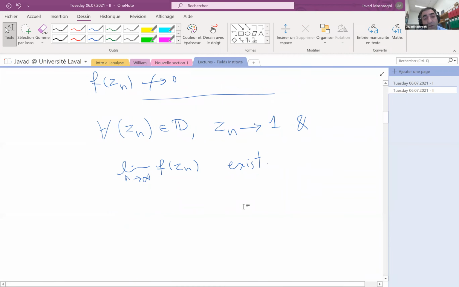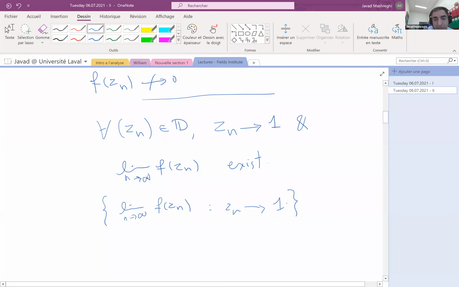So you consider all these sequences for which the limit exists, and then put all these limits together. Define a set S, the naming doesn't matter, the set of all limits as n goes to infinity of f of z_n, where z_n goes to 1.